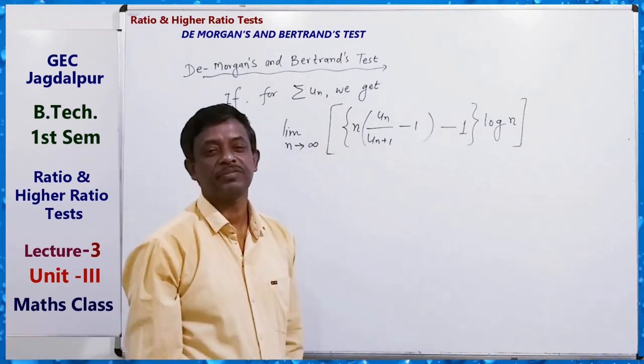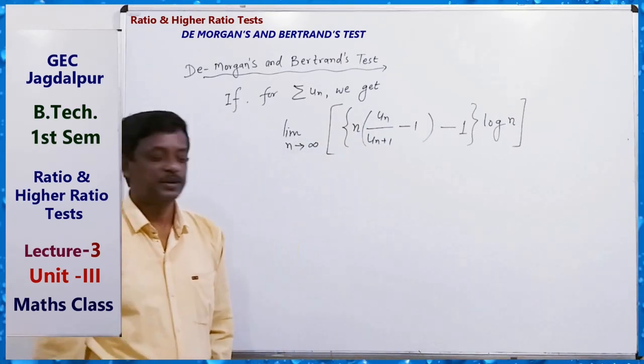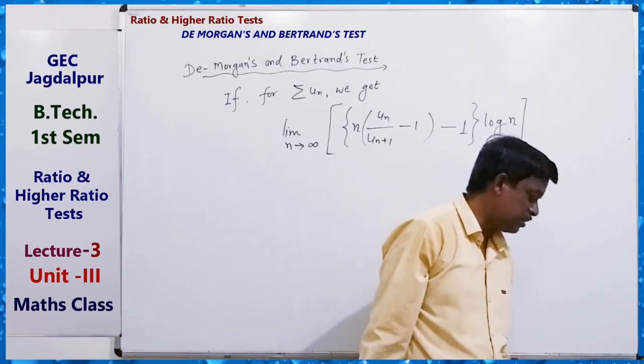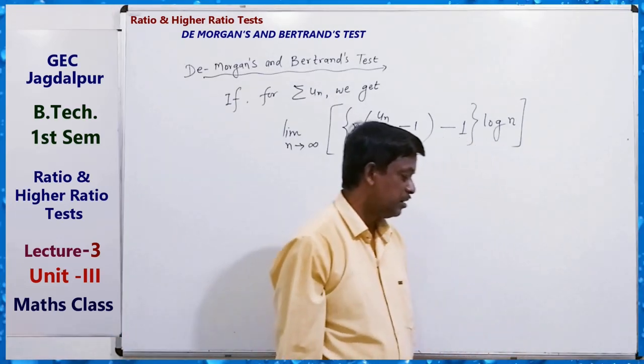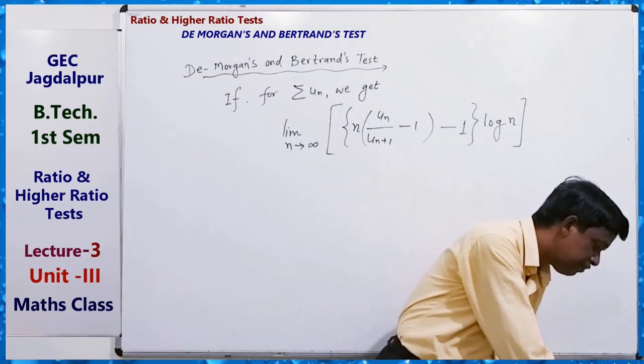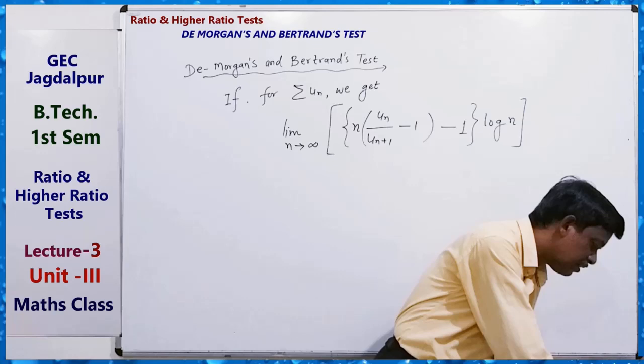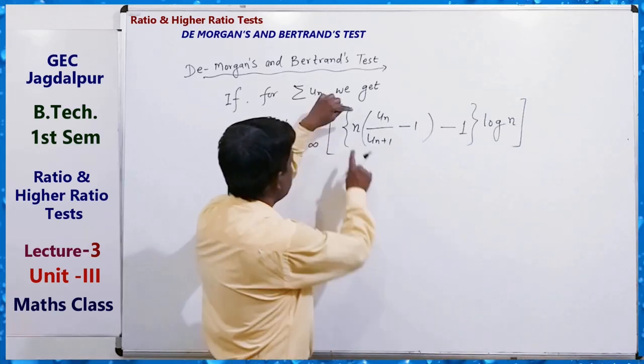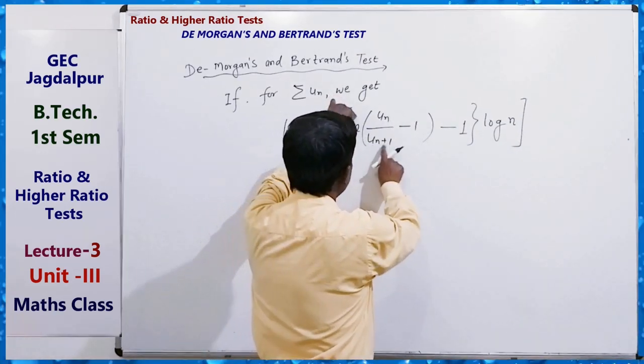Just we are finding this. Okay, so n into (un by un plus 1 minus 1). Just like n into (un by un plus 1 minus 1).